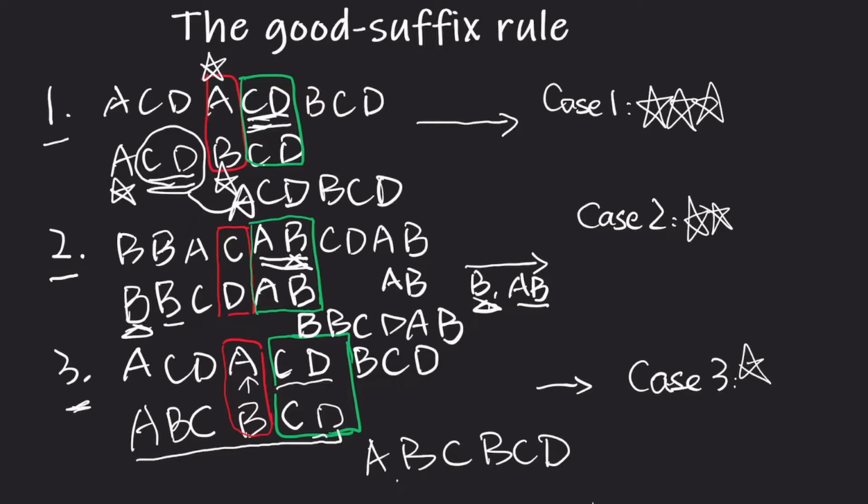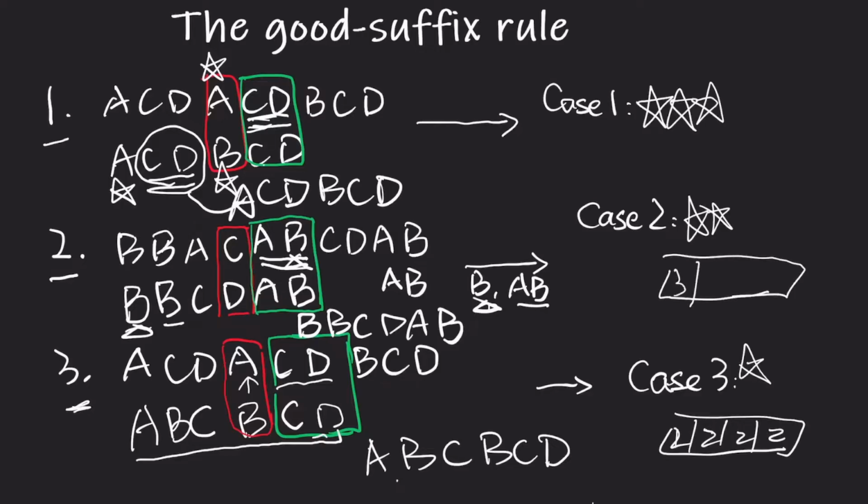So if we need to build the good-suffix table, we can start from case 3, say 0, 2, 2, 2, 2. And we update if there is case 2. We can update it here. And we can update even more if there is case 1.